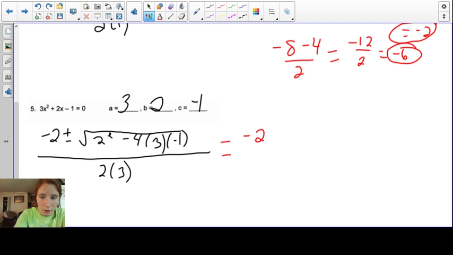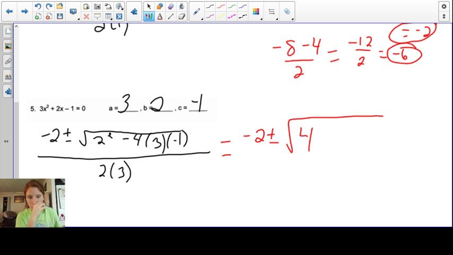And negative 2 is not going to change. So I have negative 2 plus or minus the square root of 4, negative 4 times 3 times negative 1, which is positive 12, so plus 12 all over 6.